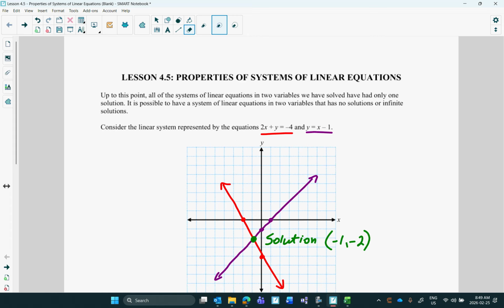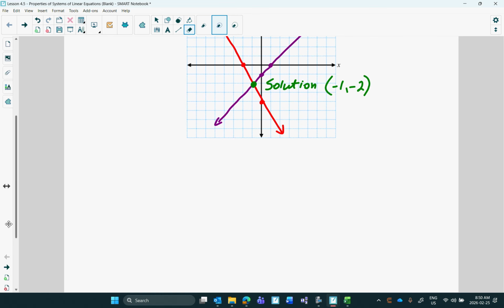Look at these two lines. What can you tell me about the slopes of these two lines? Are they the same? Are they perpendicular? Are they just different? What's the slope of this line? Go down 4, across 2.